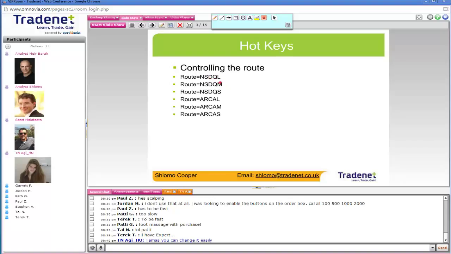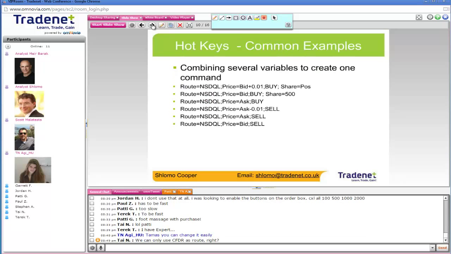Let's say Nasdaq L is sending a limit order through the Nasdaq ECN, Nasdaq M is sending a market order through the Nasdaq ECN, and S means sending a stop order through the Nasdaq ECN. If you are using CFD, then instead of Nasdaq or ARCA, you just put CFD here.